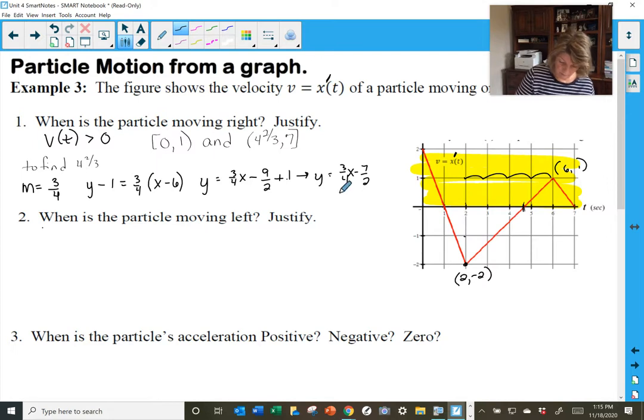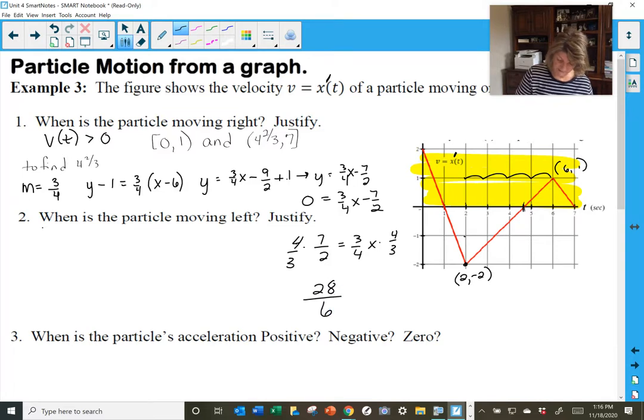Now, I want to know when this equals 0, so 0 equals 3/4 x minus 7/2. It's kind of a process, isn't it? And 7/2 equals 3/4 x, multiply by 4/3, and I get 28 over 6, which reduces to what? 14 over 3, which gives me 4 2/3. That's how you get that, okay? Not unexpected that the AP would require that of you. It's algebra, it's algebra, it's algebra, and you should be able to do algebra.